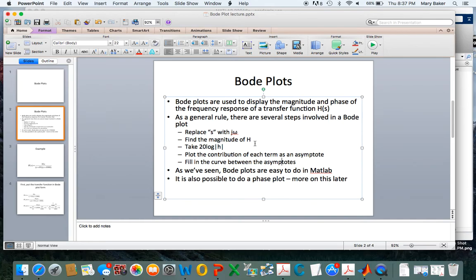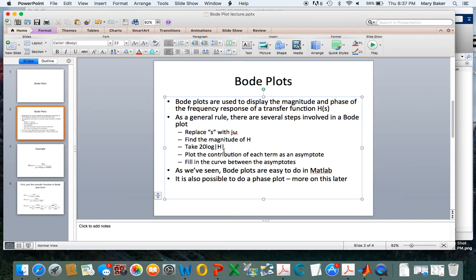So once we have the magnitude of H, we want to take 20 times the log of the magnitude of H. And as you'll see later, the reason we do this is that when you take the log of a function, if a function is a number of products, the log changes that to a sum. So this puts the units in dB.